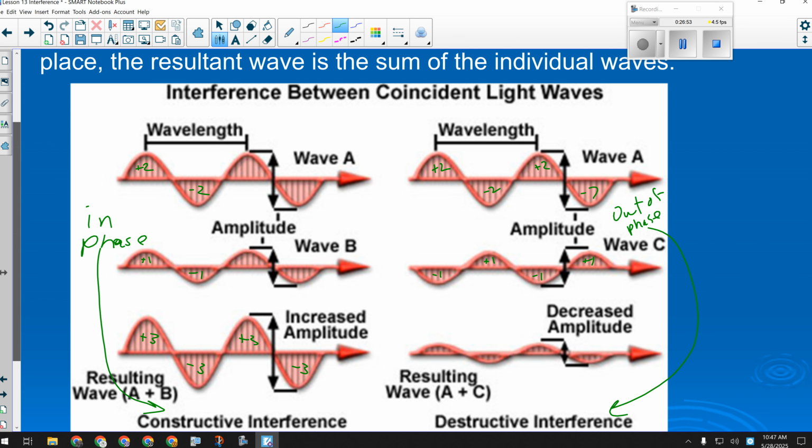And that's why the resulting waveform would only have amplitudes of +1 and -1. Where one is +2, the other is -1, so the resulting waveform would be +1. Okay, questions on that?